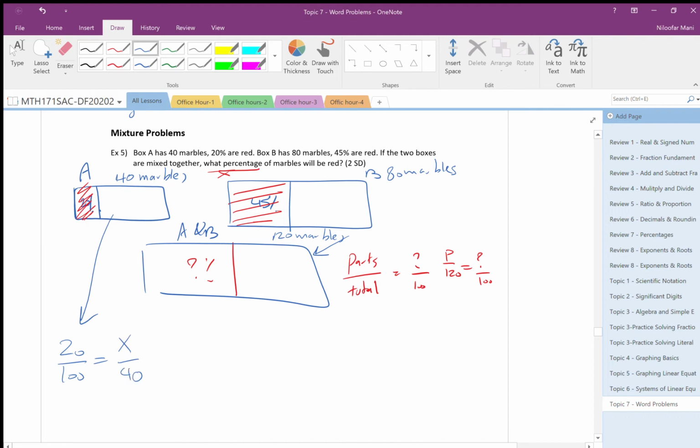So it is 8. X is 8. Okay, so that's one.